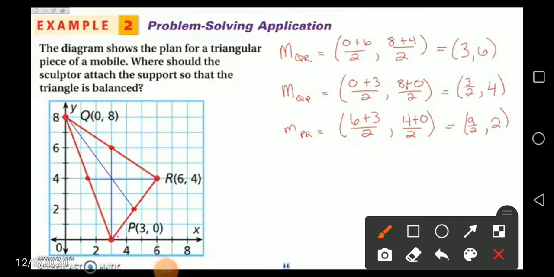QP. Okay, so I have here 0 and 3. I'm going to take 0 for the x-axis and 3, plus, divided by 2. And I have what else? 8 and 0. So 8 divided by 2 gives me 4. So remember, we have here 3 over 2.